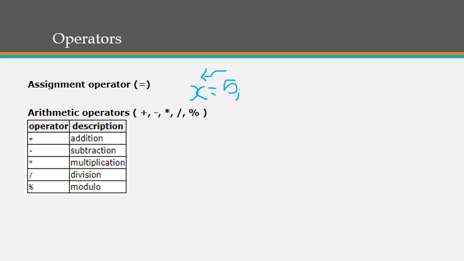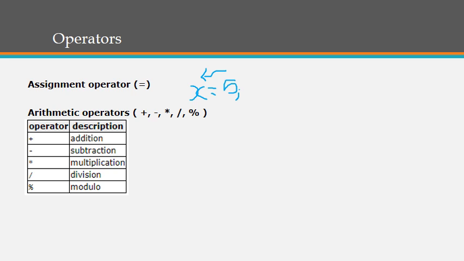We have arithmetic operators such as plus for addition, the minus for subtraction, the asterisk for multiplication, division, and modulo. The percent sign here is the modulo. And the modulo is used to give the remainder of a division of two values.